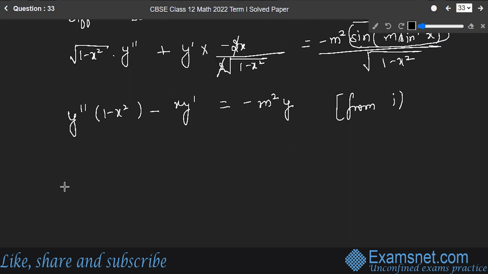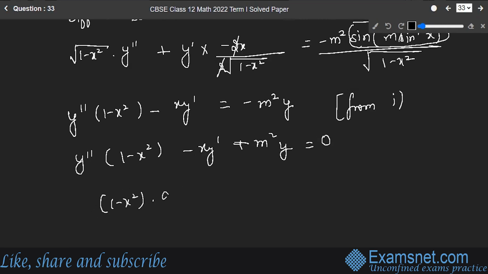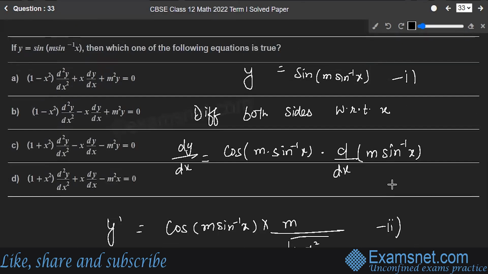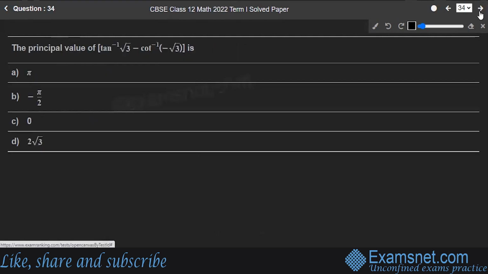Or y double dash into 1 minus x square minus x y dash plus m square y is equal to 0. You can write it as 1 minus x square into the second derivative of y with respect to x, minus x into dy by dx, plus m square y is equal to 0. So this is the answer to the question. Let's check. You have option B as your answer. Hope you understood that.